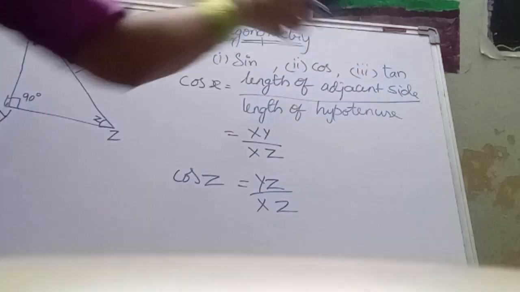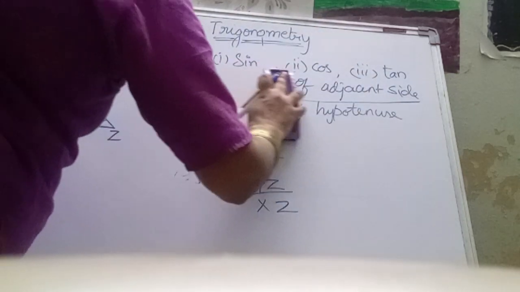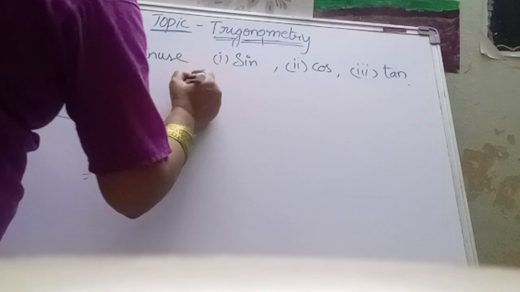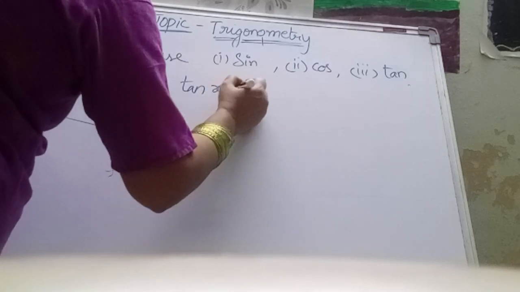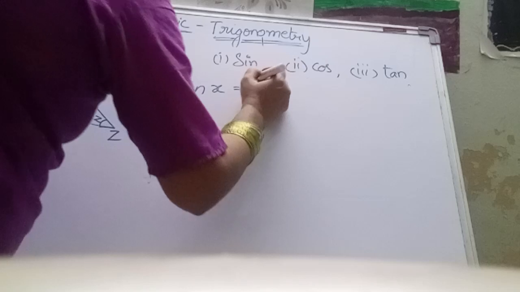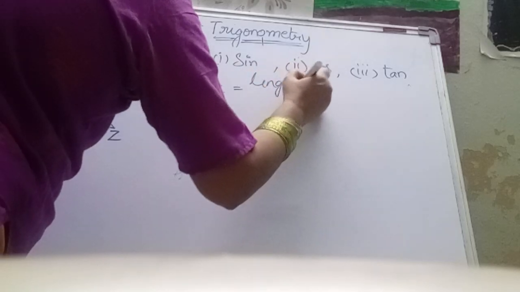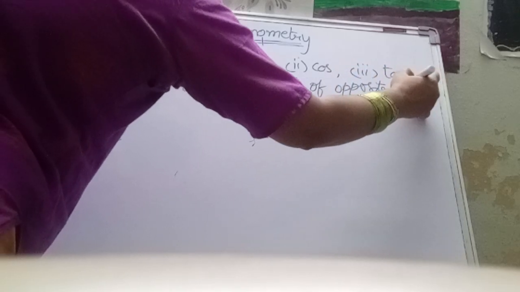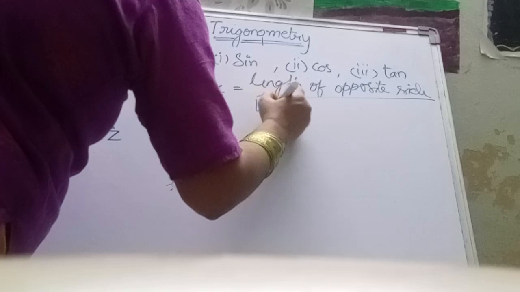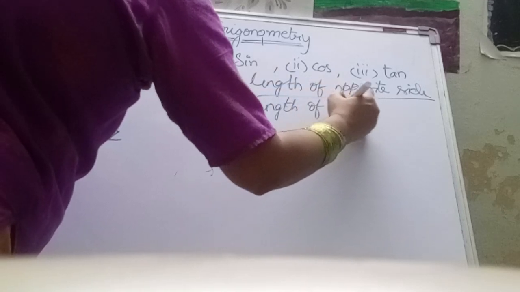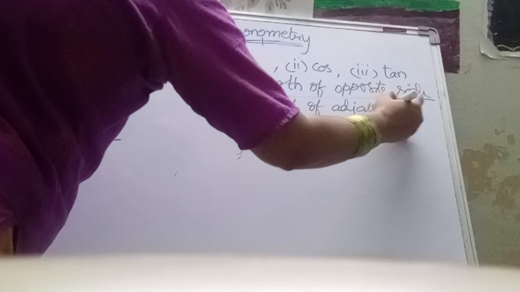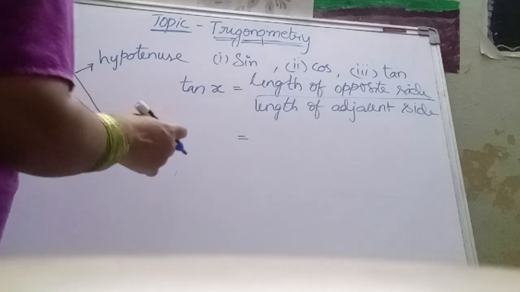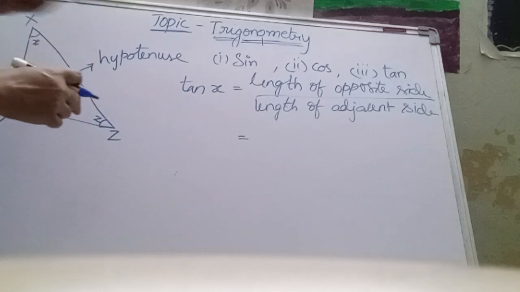Okay, and one more, tan, is there. For tan x and z we find the formula. Tan x first. What is tan x? Tan x is the length of the opposite side by the length of the adjacent side.